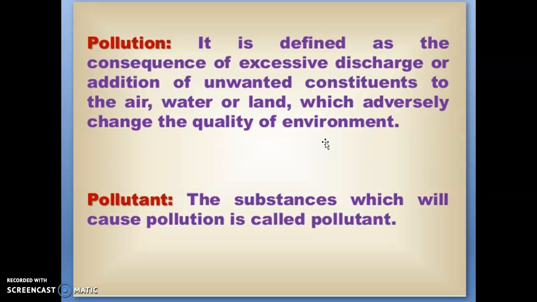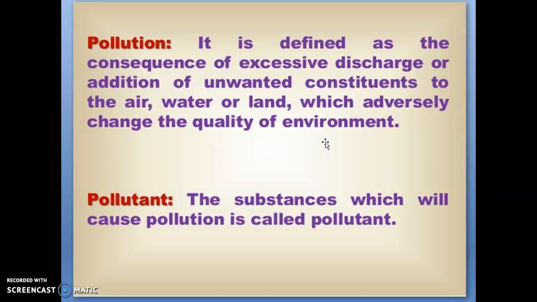The first is degradable or non-persistent pollutants. The second type is slowly degradable or persistent pollutants. The last one is non-degradable pollutants. What are degradable or non-persistent pollutants? They are degradable by natural processes, likewise vegetable waste, domestic sewage, etc. What are slowly degradable or persistent pollutants? They remain in the environment in an unchanged form for many decades, such as pesticides like DDT, and also plastics, many other chemicals, nuclear waste, etc. What are non-degradable pollutants?